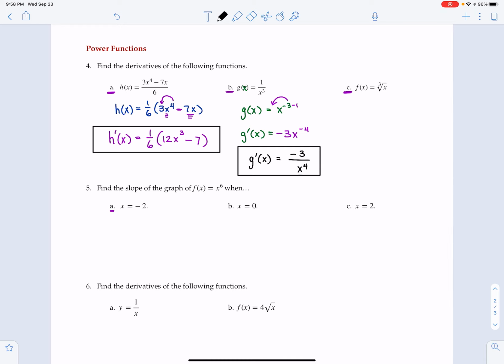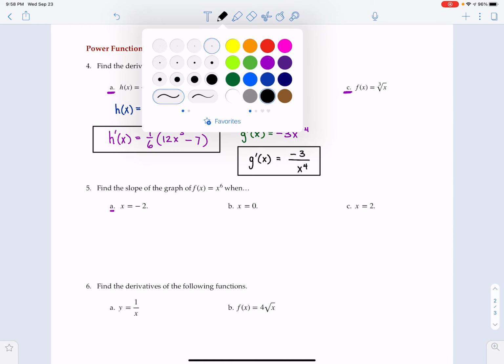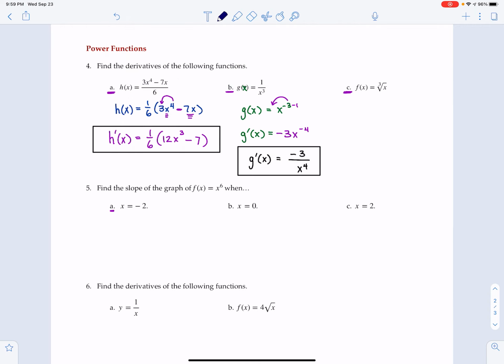Letter C is very similar, except we're not dealing with a rational function. We're dealing with a radical one. So again, it's important to rewrite this function as a power function. And we should know from Algebra 2 and pre-calc that the cubed root of x is the same as x to the 1/3 power.